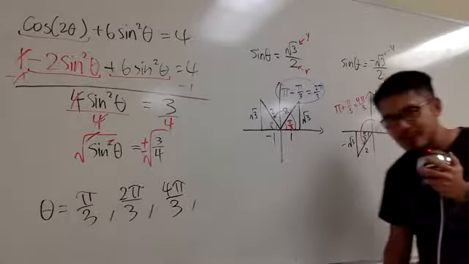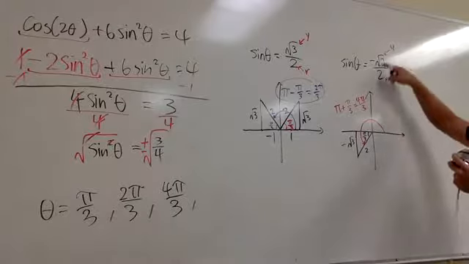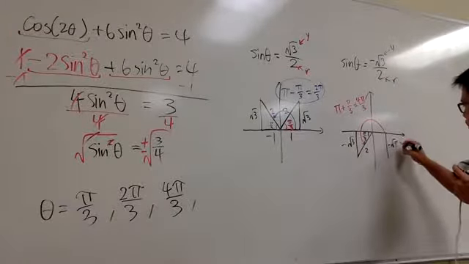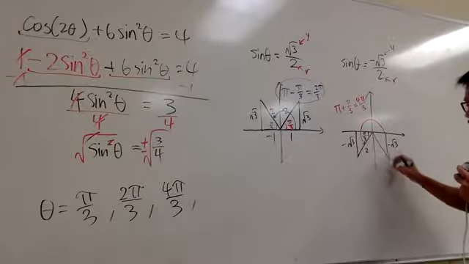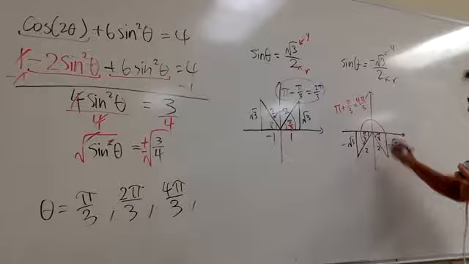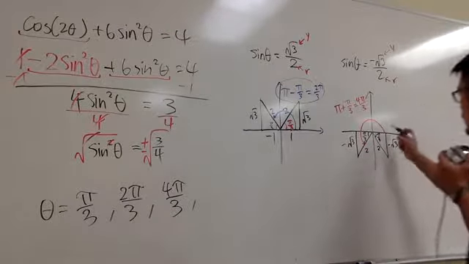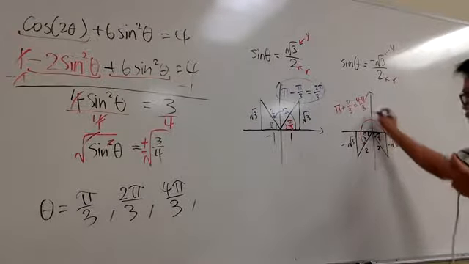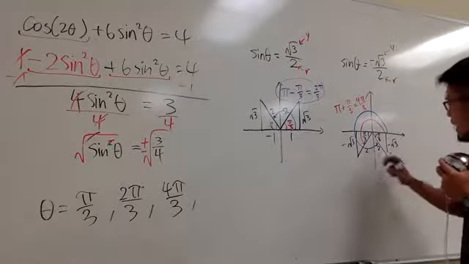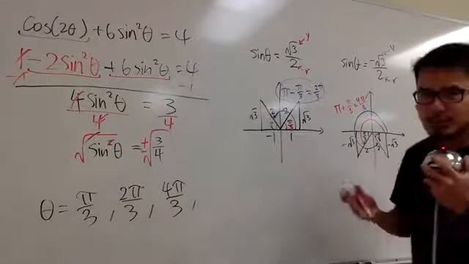Do we have one more? Yes, we do, because negative square root of 3, it can also be down here as well. This is negative square root of 3, and then we have the 2 right here. And then this is still pi over 3, but this time we'll go from here, come all the way to this side in blue. For the blue part, you see the whole thing is 2 pi, right?